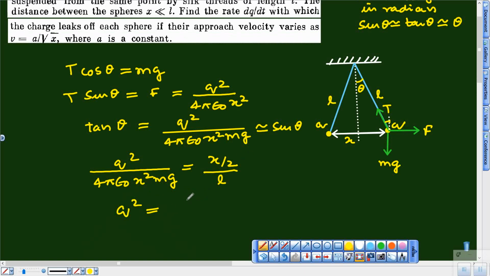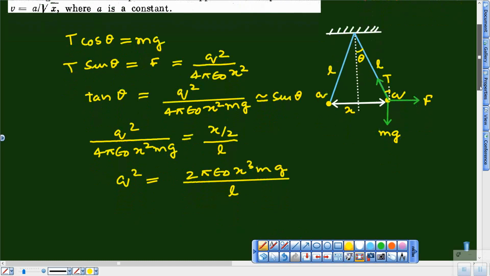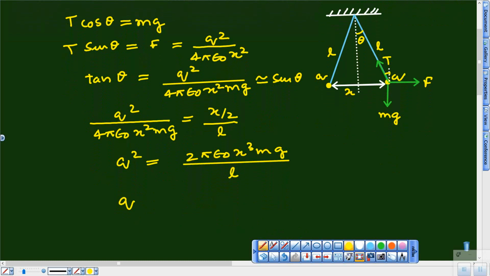So Q square comes out to be, of course, I cross multiply over here and I get 2 pi epsilon naught x cube mg upon L, from where I get Q is 2 pi epsilon naught mg upon L raised to the power 1 by 2 and x raised to the power 3 by 2.